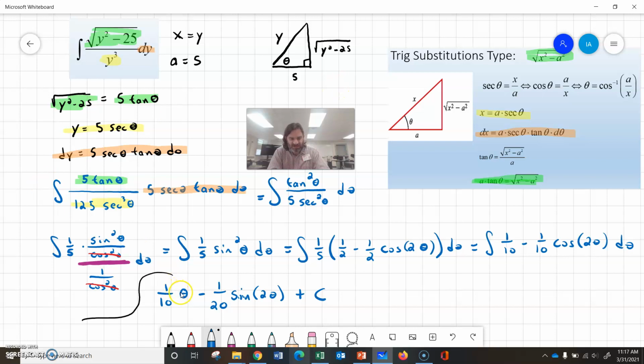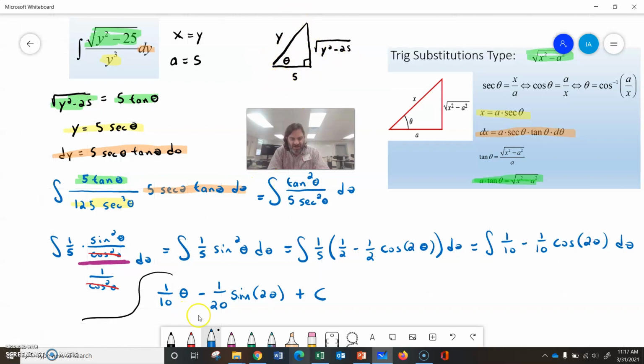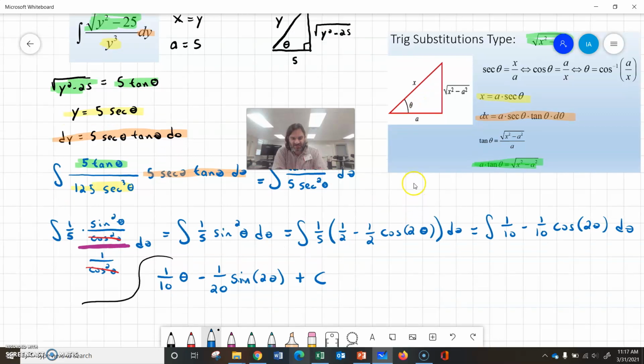So we can change the theta back to y because we can use any inverse trig function from our triangle up here. But what we've done in the past, when we use the triangle to get rid of a trig function, like sine of theta, we had this angle in here. So notice that now we're trying to find the sine of twice an angle, but our triangle was centered around a certain angle. Well, we do have relationships for that.